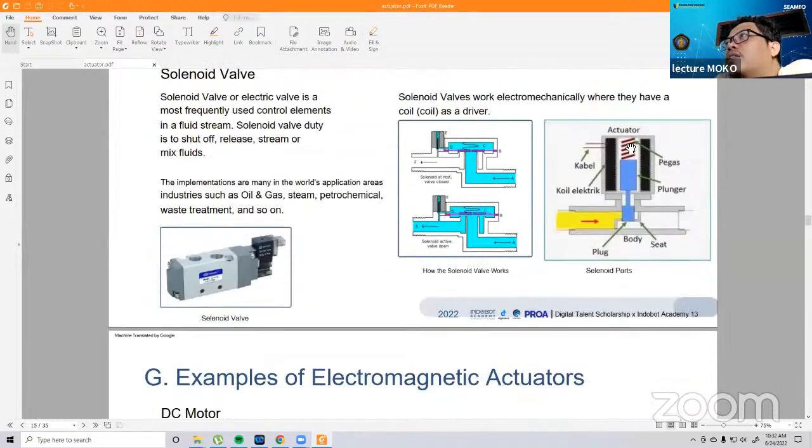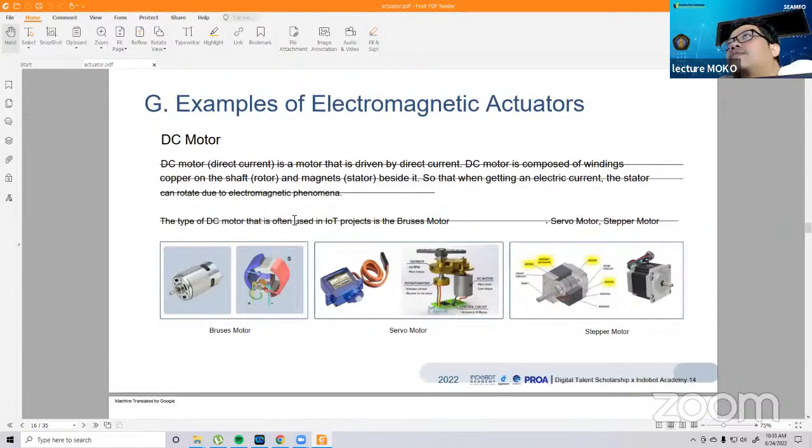Here also, this coil will pull this part to move and open this gate. So we just give an electric signal to here, and the coil will work, and it will make this gate open, and the air will be transferred to the other sides. This is a solenoid valve.